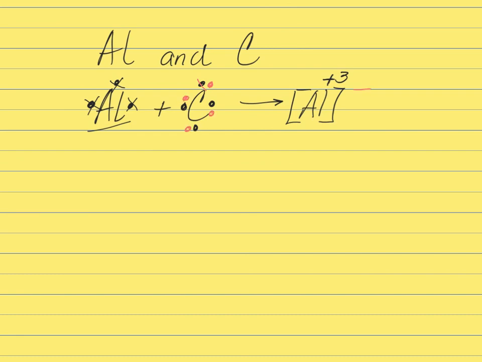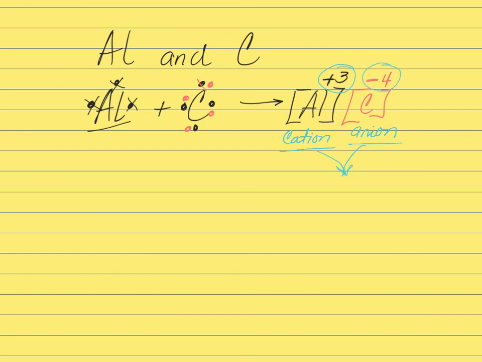Why accepting them? Because carbon is a nonmetal. By accepting the 4 of them, it's going to become a negative ion with a charge equal to -4. This is the cation over here. This is the anion over here. The cation is the one with the positive charge, the anion the one with the negative charge.